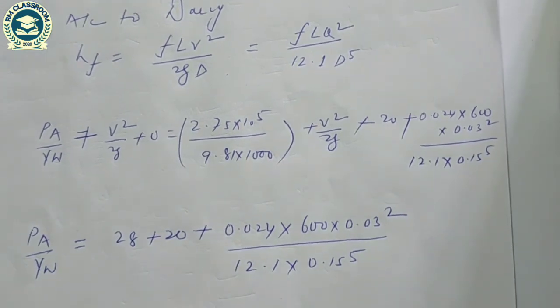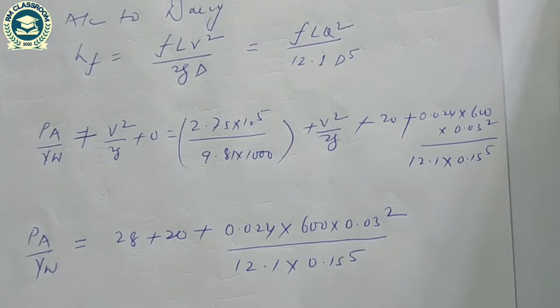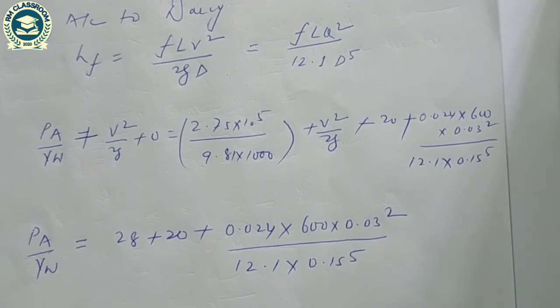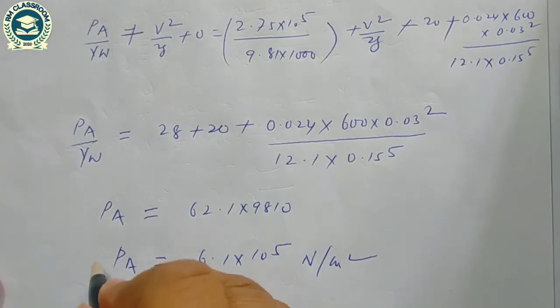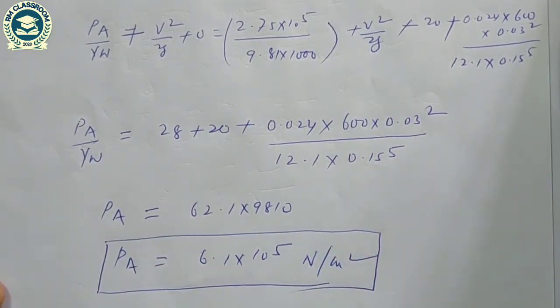So PA is equal to 62.1 into 9810, so PA is equal to 6.1 into 10 to the power 5 Newton per meter square. So the pressure at A I have computed.